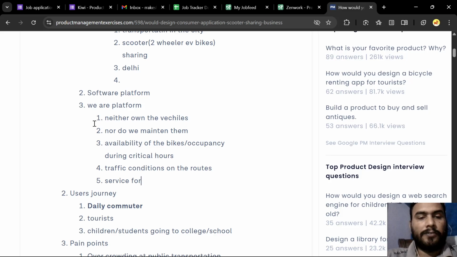So these are some of the features that I'm describing that will be part of the application that we are building. Service for bike stations or charging platforms.